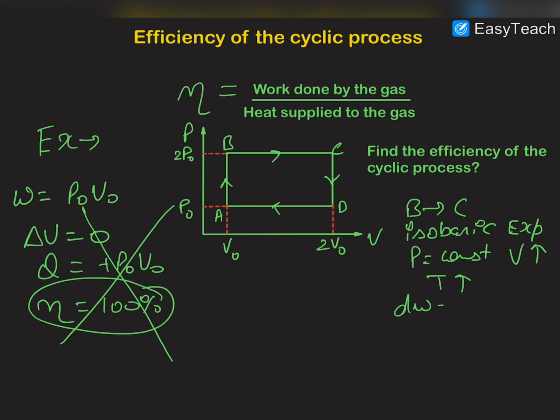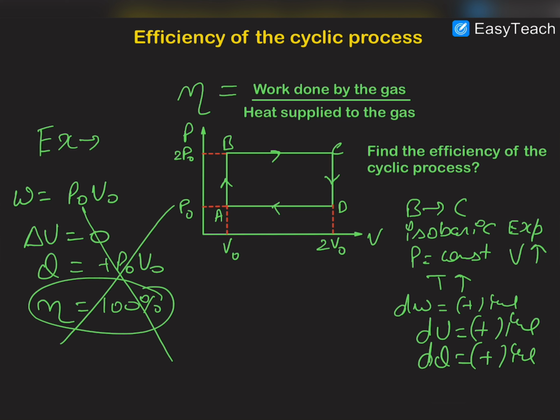So work done would be positive, and delta U will be positive, and dQ obviously is the sum of these two, so it would be positive. So in the process BC, heat is being supplied to the gas.